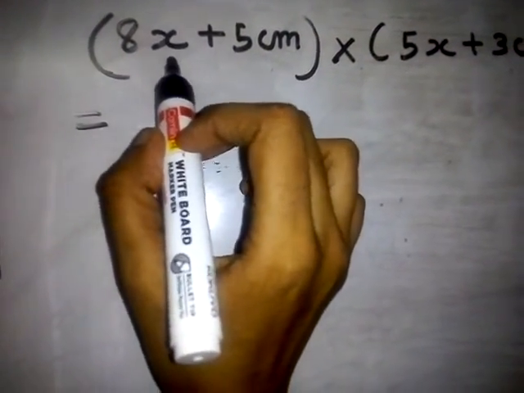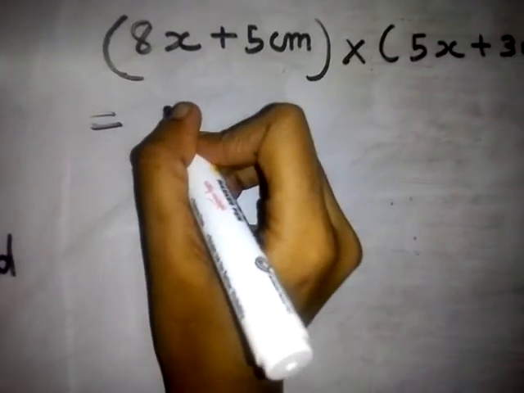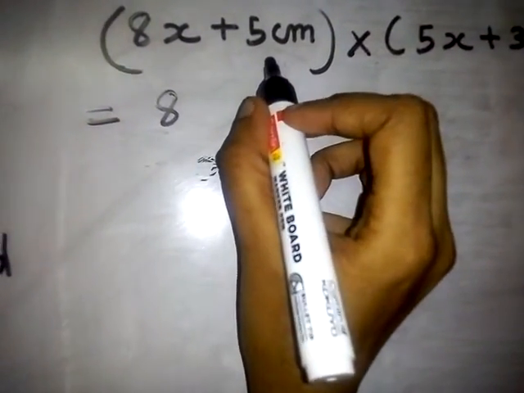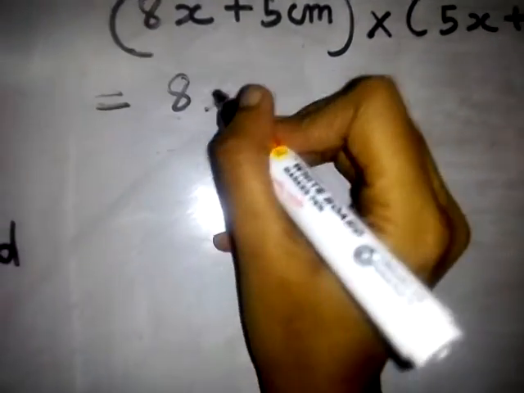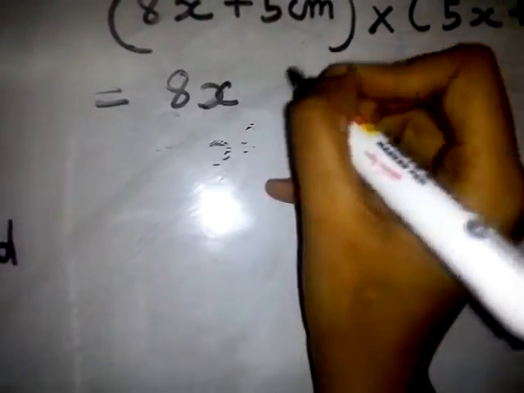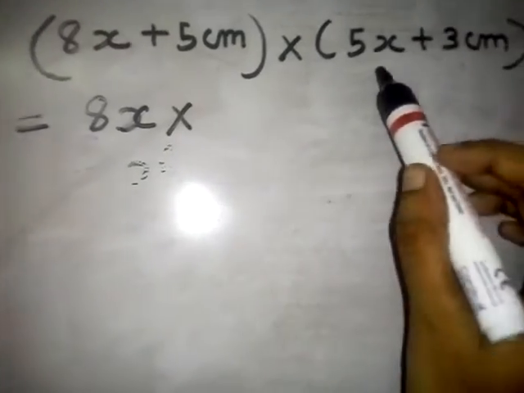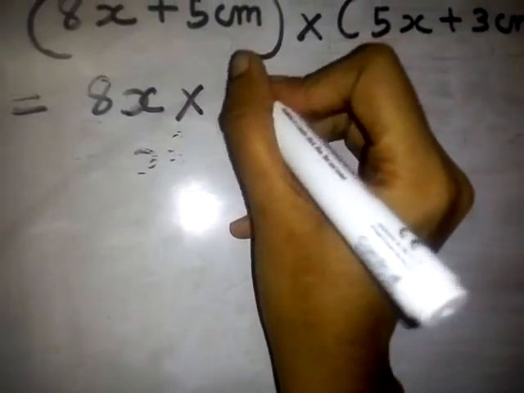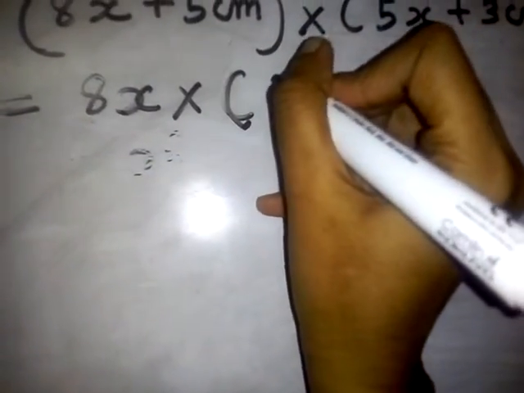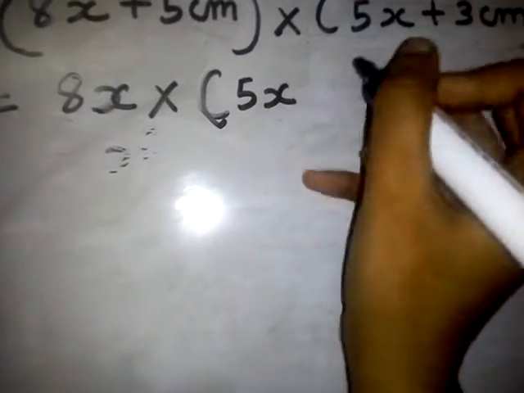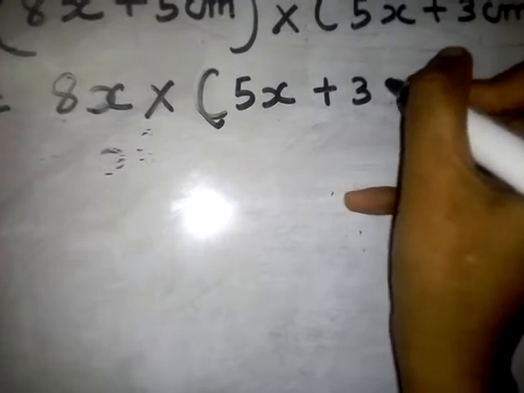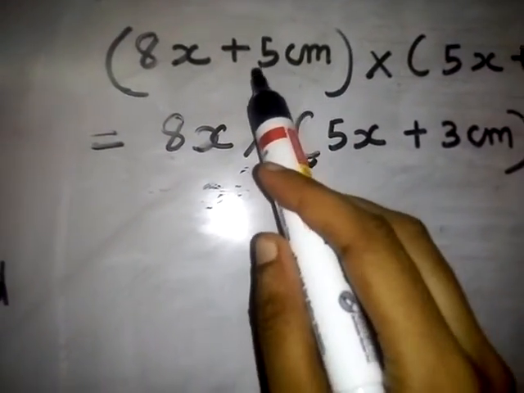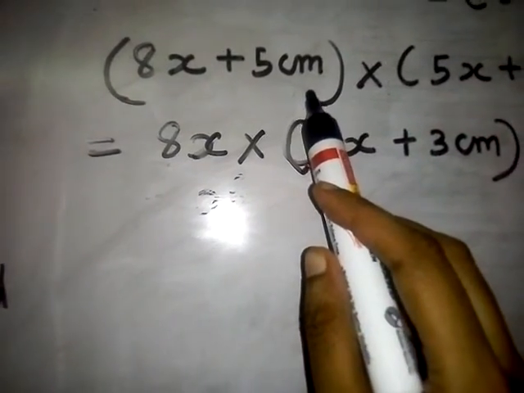First expression is what? 8x plus 5 centimeter. You have to take the first term of the first binomial expression, 8x, multiply the second binomial expression, which you write in full in bracket, multiplication form. Now second term is plus 5 centimeter.